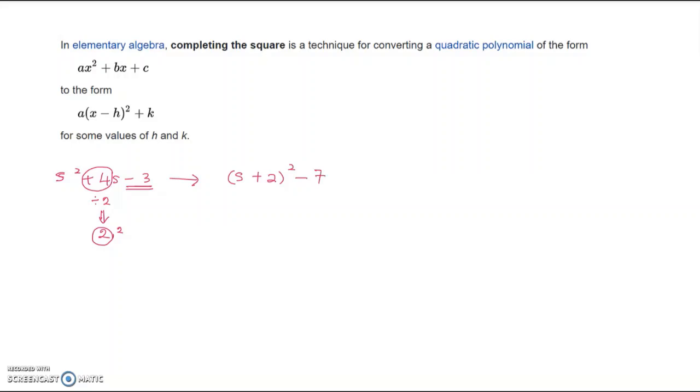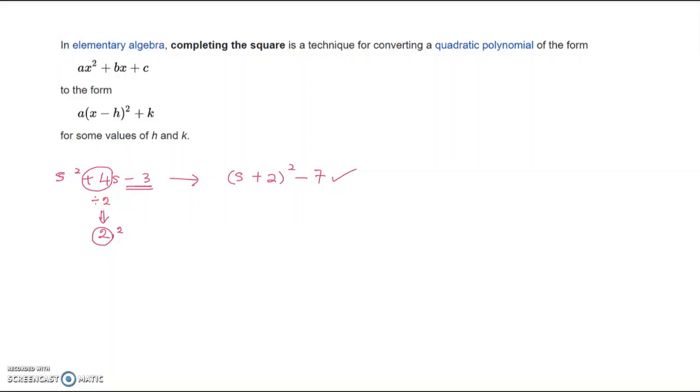So that's your completing the square. If you want to check, expand the bracket: s squared plus 4s plus 4, but you have minus 7, then you get negative 3. So this is the completing the square form of s squared plus 4s minus 3.